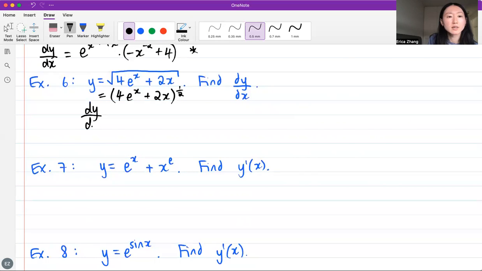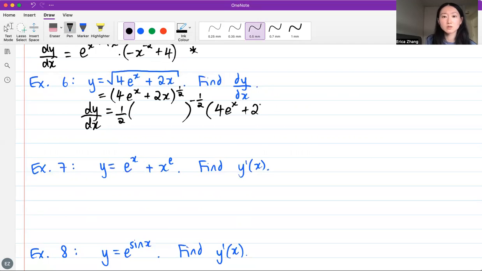So dy dx, okay, we bring the exponent down, 1/2 times that whole thing to the power of 1/2 minus 1, which is -1/2. Okay, chain rule, multiply this by the derivative of the inside, which is, so constant stays, derivative of e to the x is just e to the x. Again, constant stays, derivative of x is 1. So that's it. And then just copy this down.